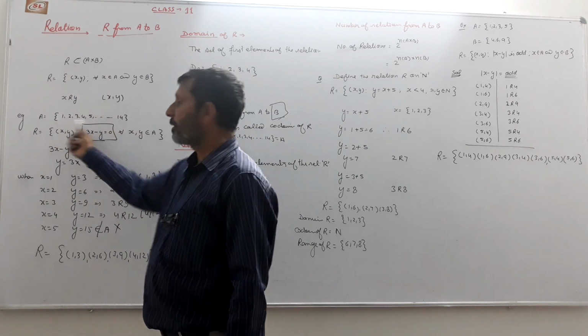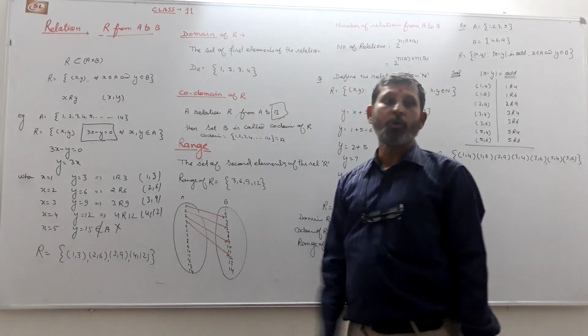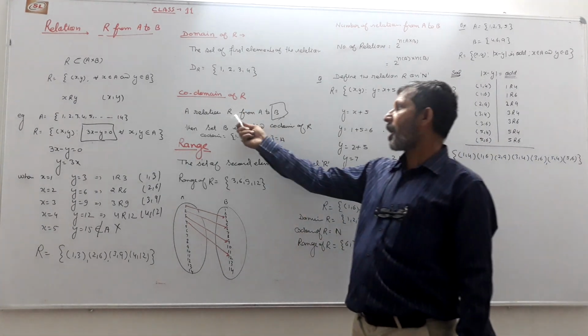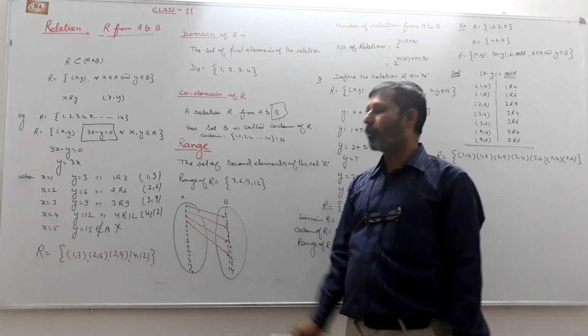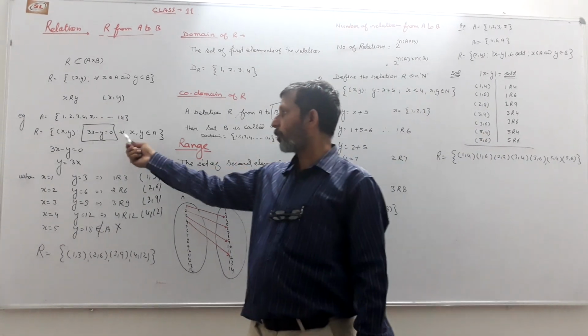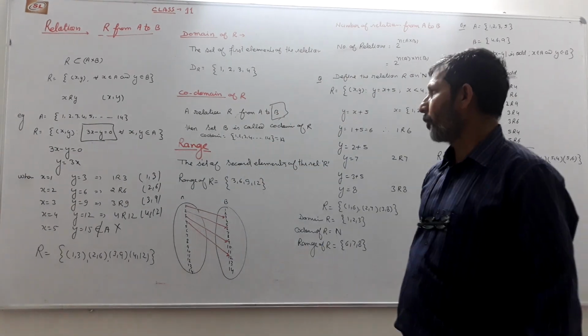This set A is the codomain. Relation R from A to B, therefore set B is always known as the codomain. So in this question, the set A as it is is the codomain.